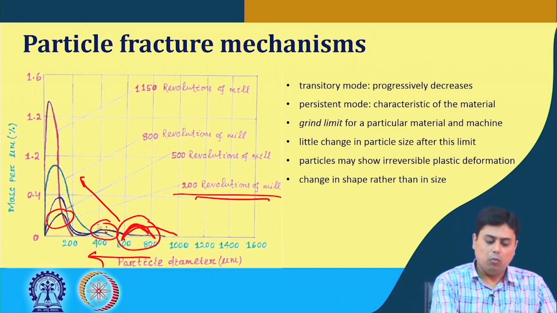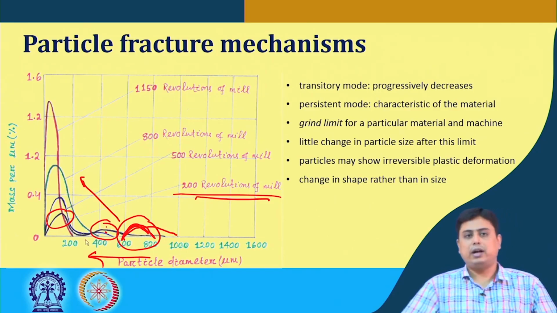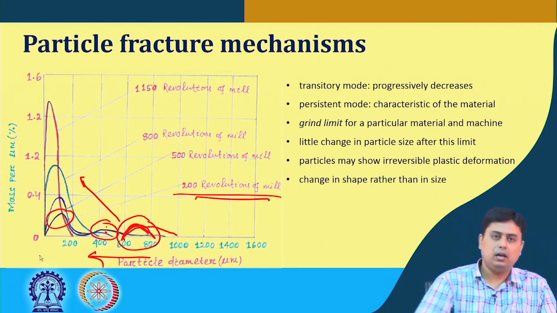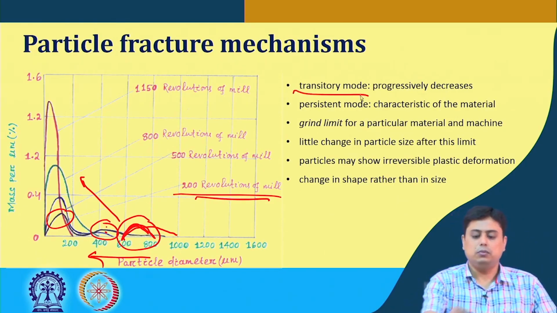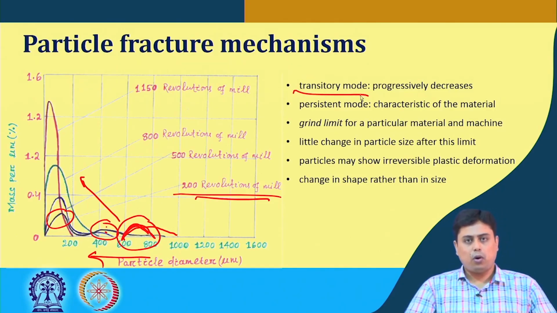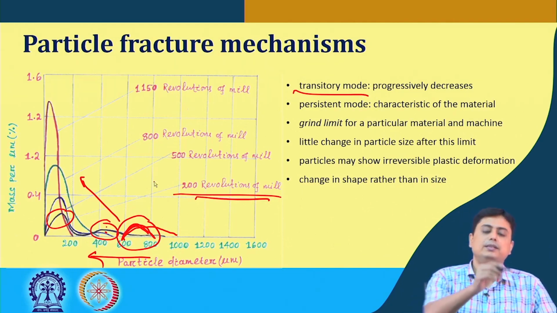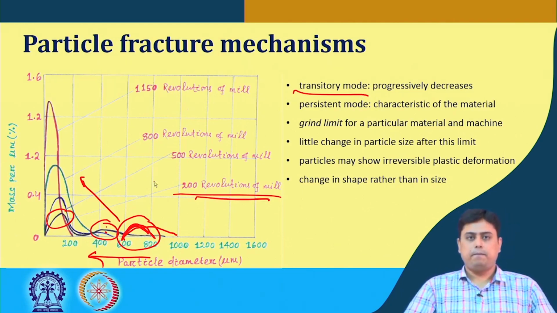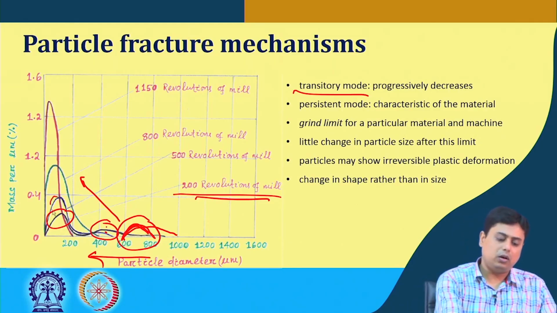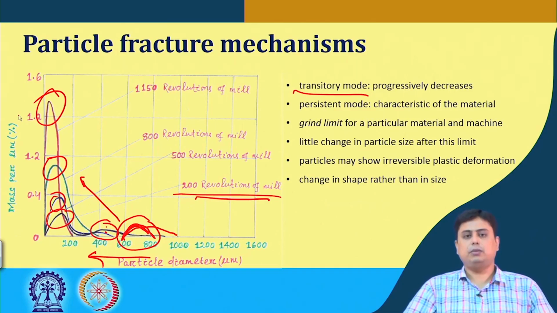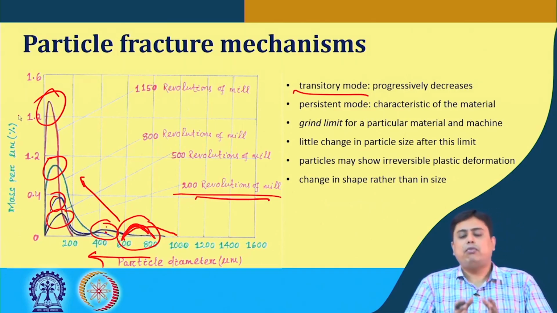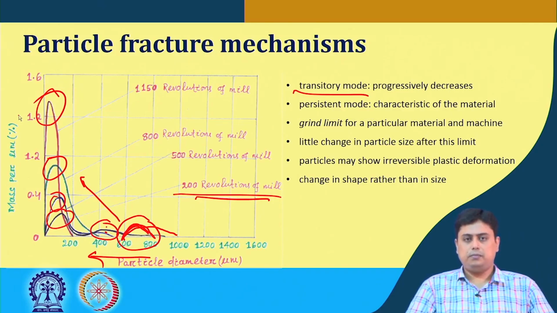So, this mode that comes in transit, until the complete size reduction has happened, is called the transitory mode, which progressively decreases with increasing the intensity. And the other mode is called the persistent mode, because it is persistently there, which is the characteristic of the material, because it is now related with the finer size of the particles. So, it is the characteristic of the material.